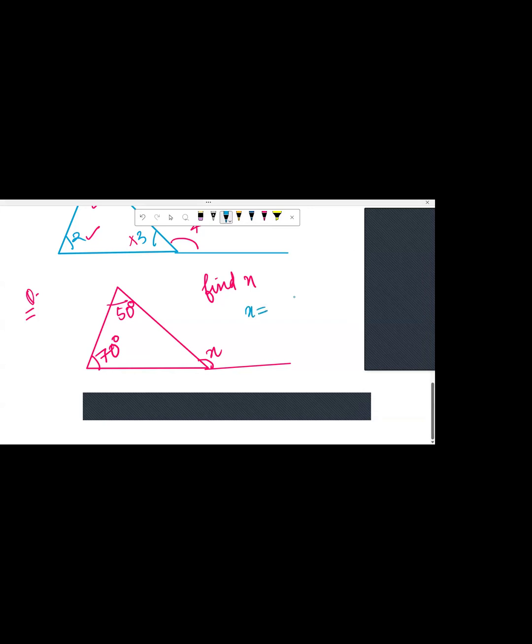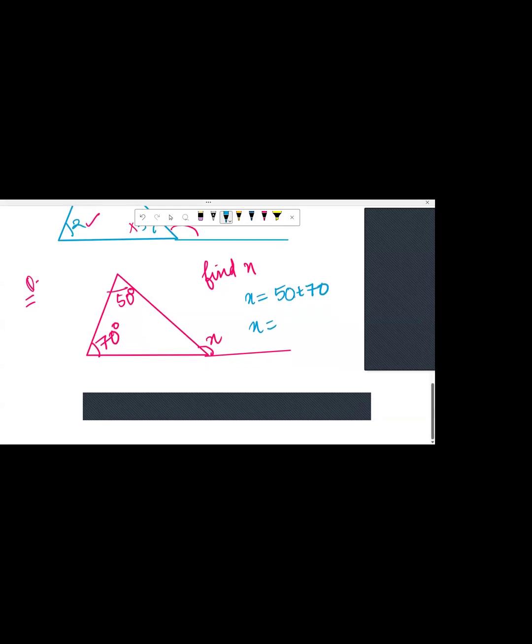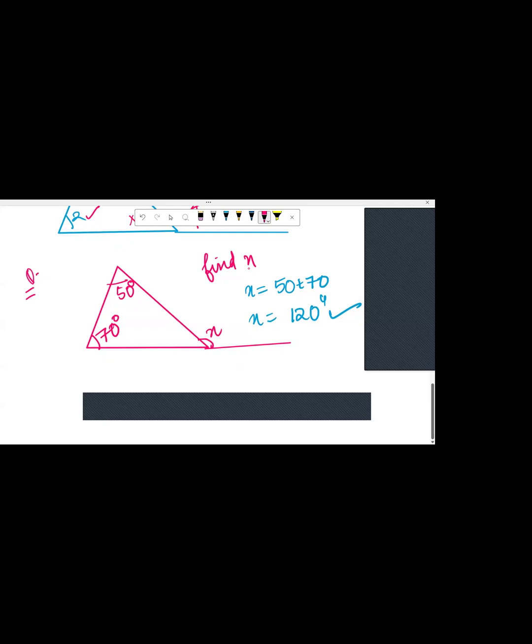So X is equal to 50 plus 70. So X is equal to 120 degree. Yes, ma'am. 120 degree. Okay, that's correct. Now you have the next question.